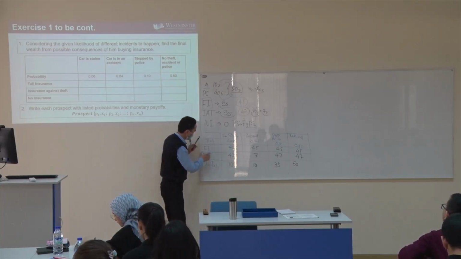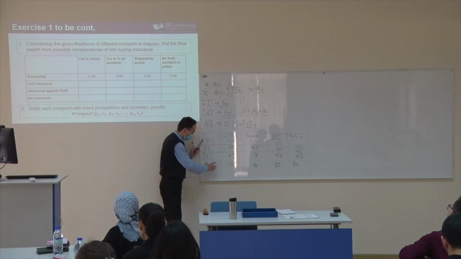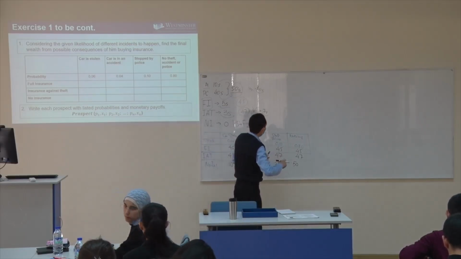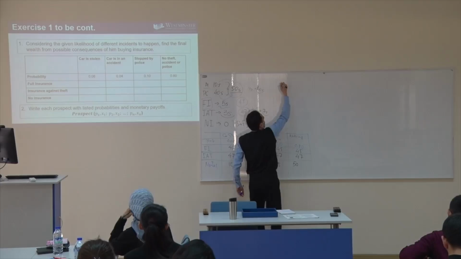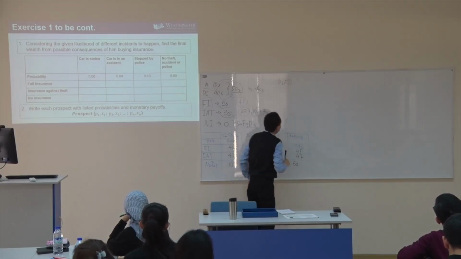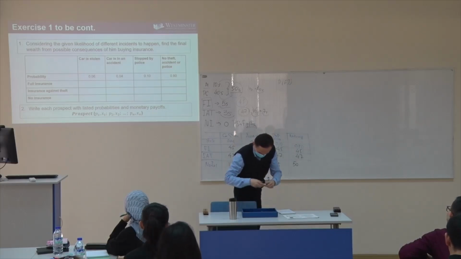So now we have three prospects: prospect for full insurance, prospect for insurance against theft, and prospect for no insurance. Okay? Good. Let's write the first one. Prospect for full insurance.